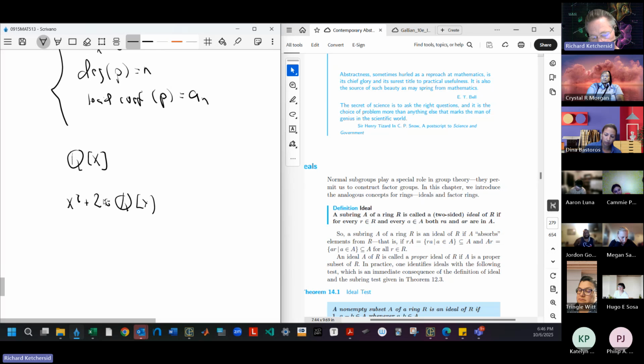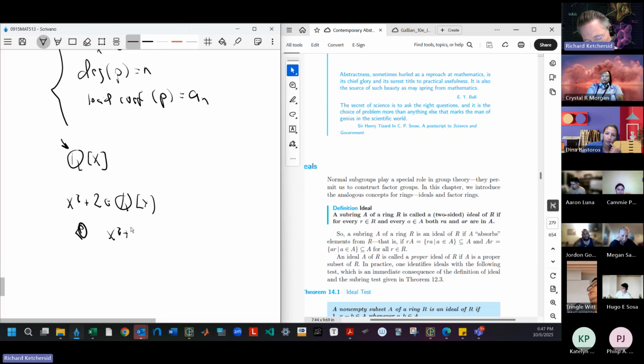And we're going to look at the ideal. This is a field, and I'm going to look at the ideal generated by this. I guess in some sense I'm jumping ahead here. This is stuff we're going to do next week officially.